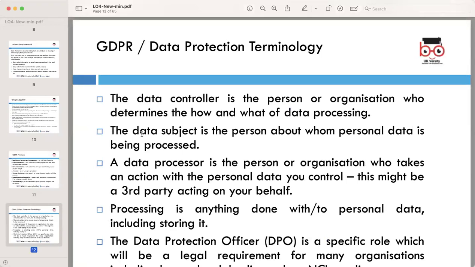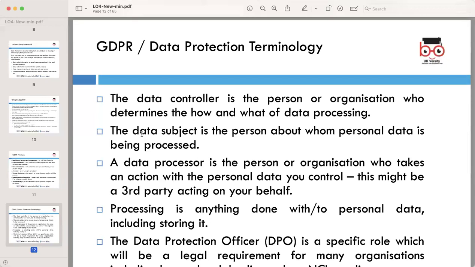Data protection terminology. Data controller: the individual or organization determining what and how data processing entails. So the data subject: the person about whom personal data is undergoing processing. Data processors: the individuals or organizations taking action with the personal data on behalf of the controller. This could be a third party acting on behalf of the controller.